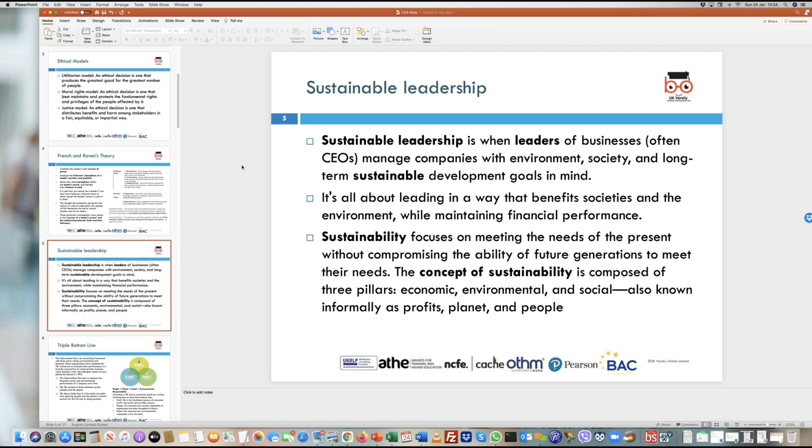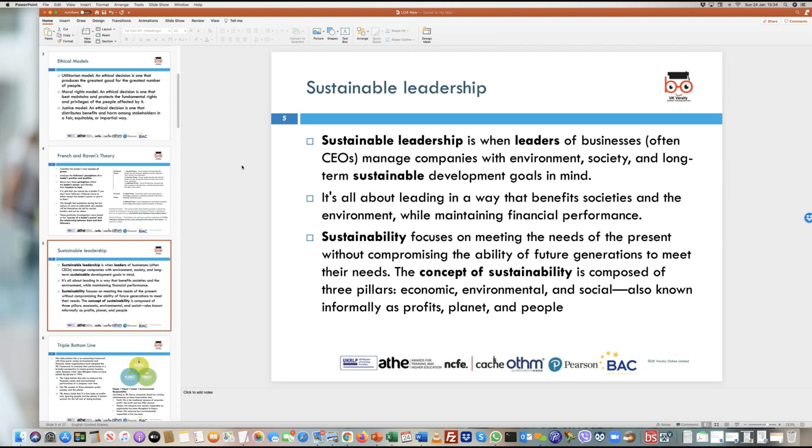The reason is that some organizations are making excessive profits, and this is raising questions that they are making excessive profits without caring for the environment, without caring for people, without caring for resources. This has led to the rise, in the early 1980s, 90s, of the concept of sustainable leadership, which has come to the forefront now, really, in the 21st century.